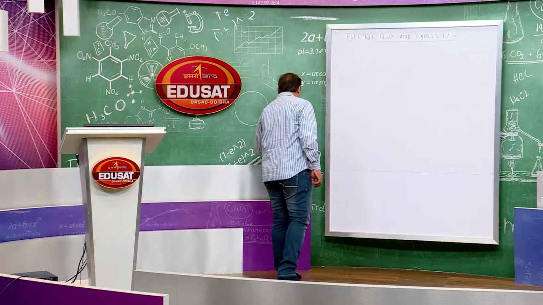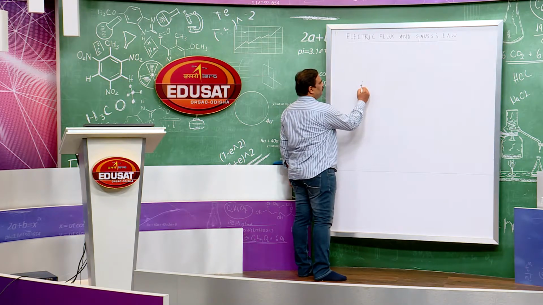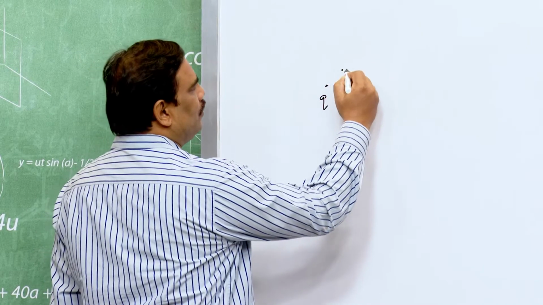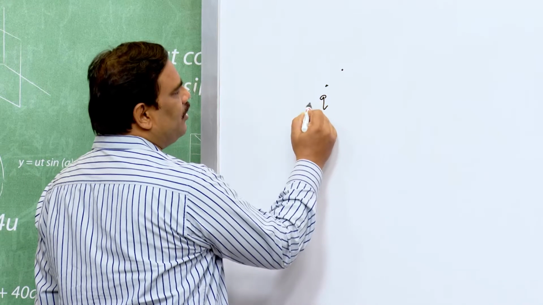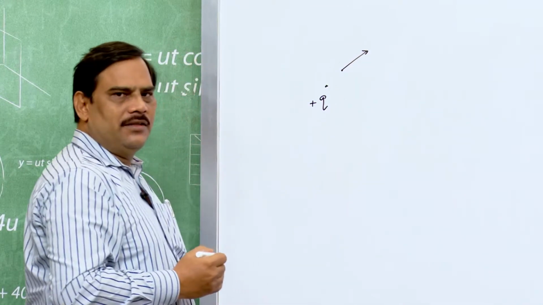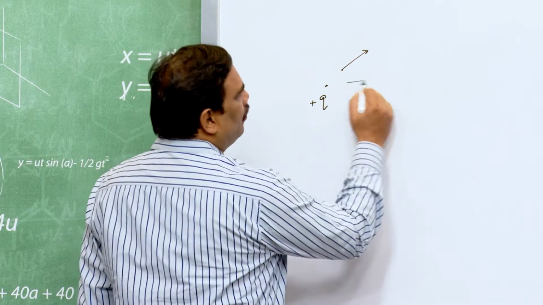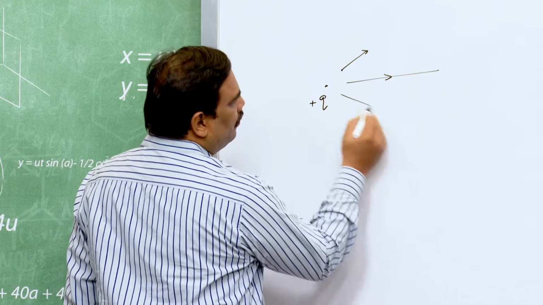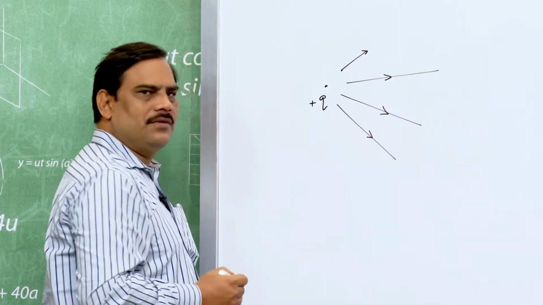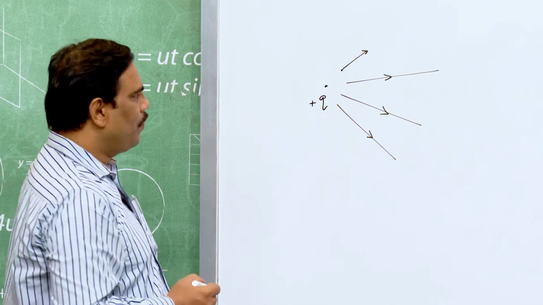Suppose we have a charge q placed here, and when we put a test charge q0, if this charge q is positive, then obviously it will be repelled by the charge, and therefore the path of this moving test charge gives us the lines of force in an electric field.